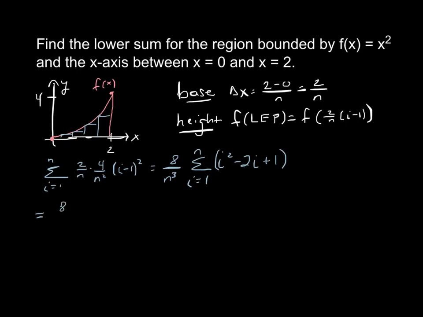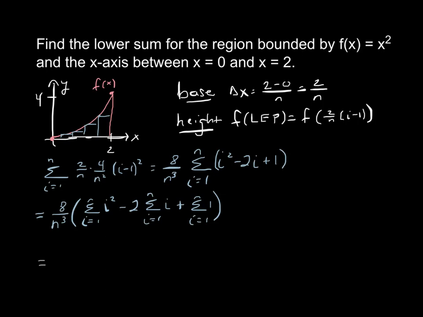So we're going to have this 8 over n cubed times a sum as i goes from 1 to n of i squared minus 2 times a sum as i goes from 1 to n of just i plus the sum as i goes from 1 to n of just 1.